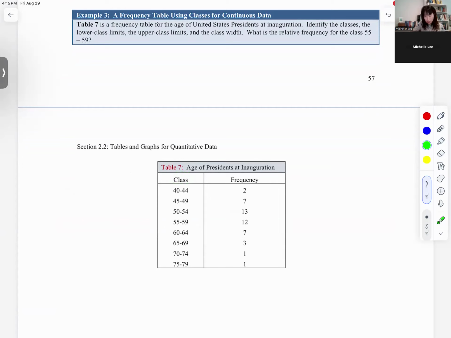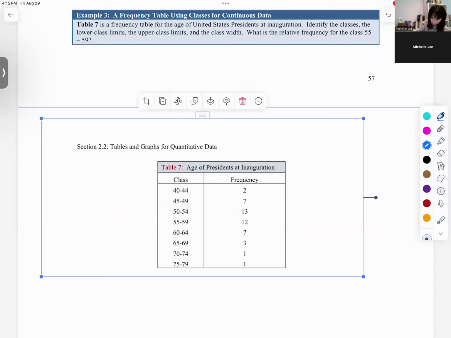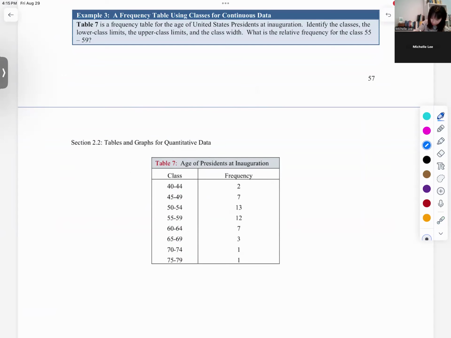We see that, right? 1, 2, 3, 4, 5, 6, 7, 8. 8 classes, right? So 8 classes.